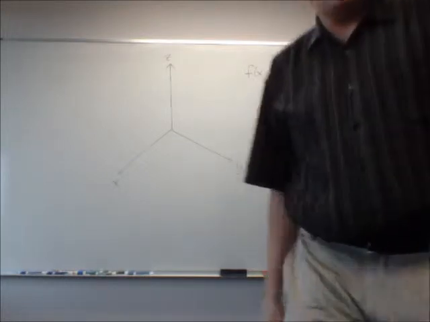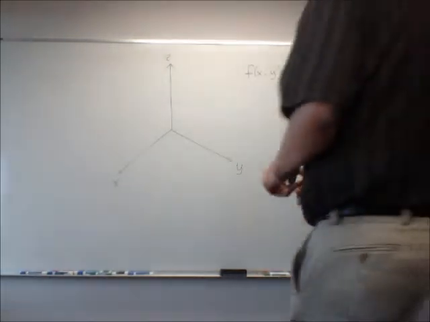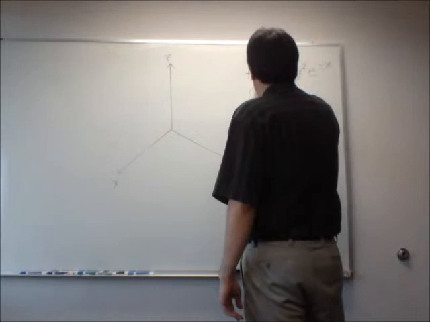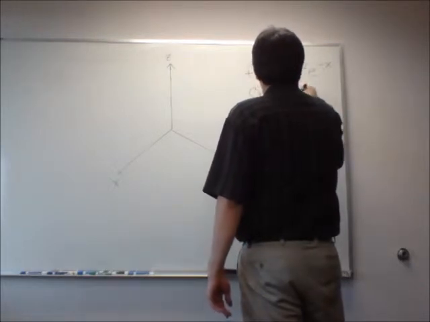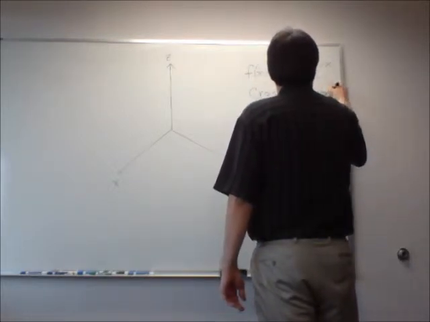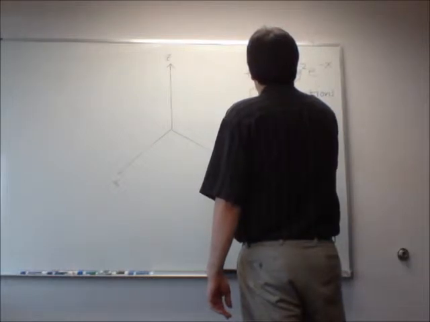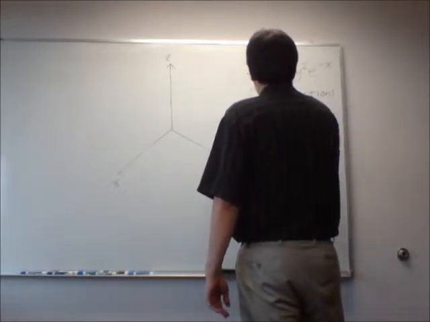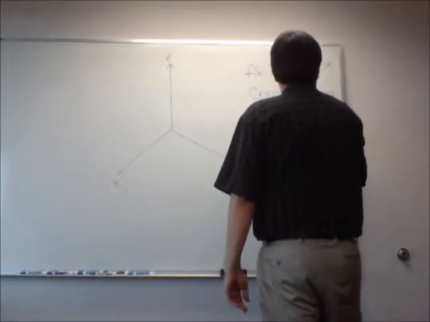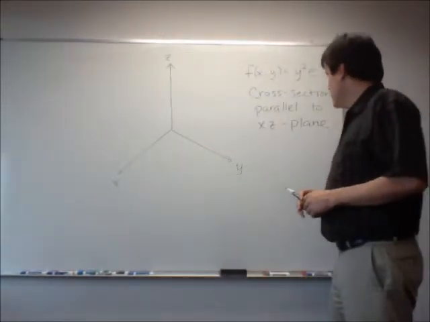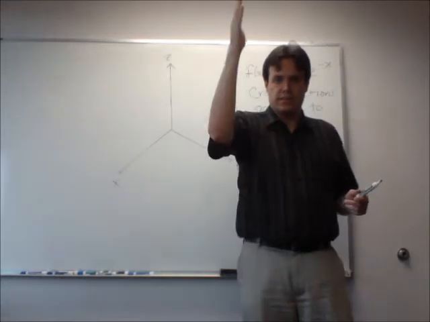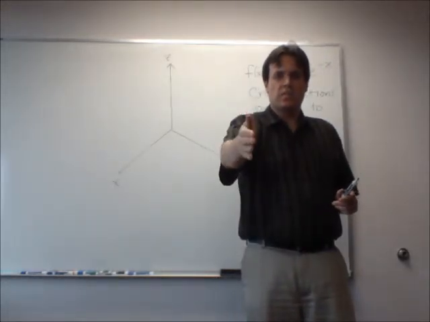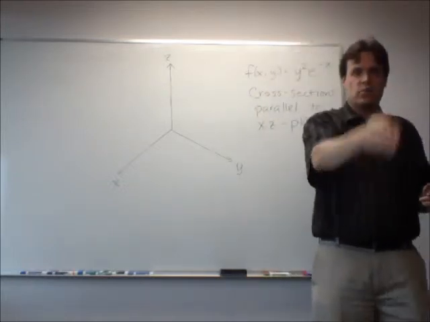I'm going to try looking at cross-sections rather than contours. So let's try cross-sections parallel to the xz plane. Okay, so when I want cross-sections parallel to the xz plane, that's like this plane here, if you look at the xyz space in its standard orientation. What that means is that we're fixing a certain value of y.